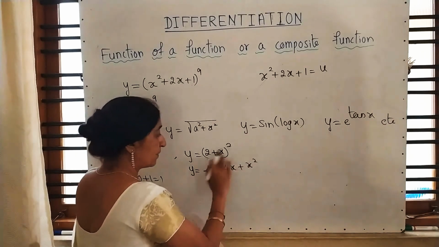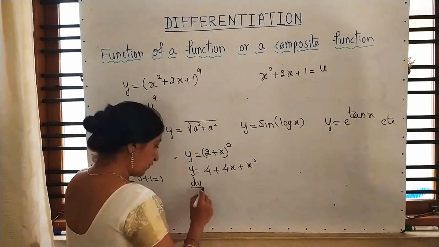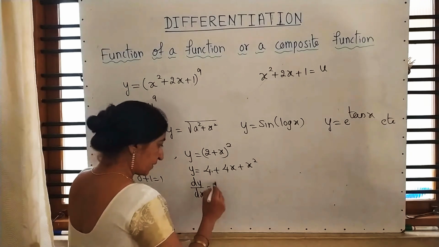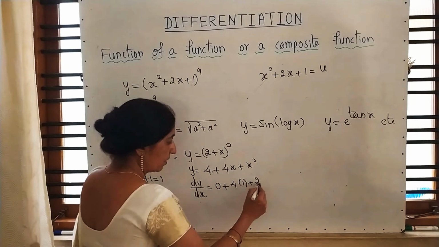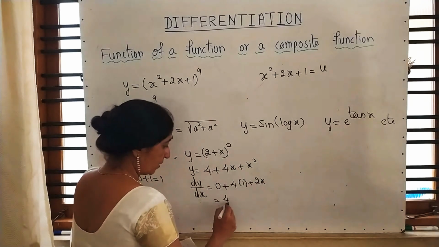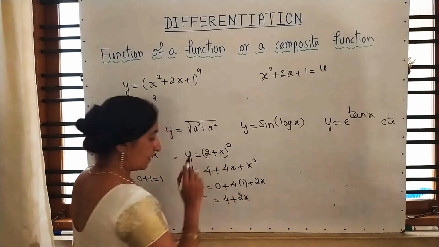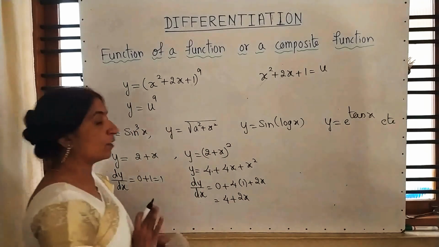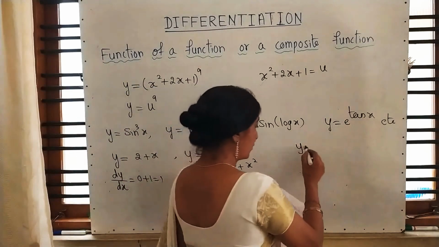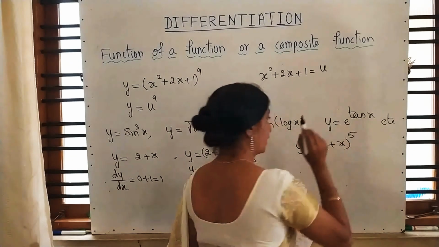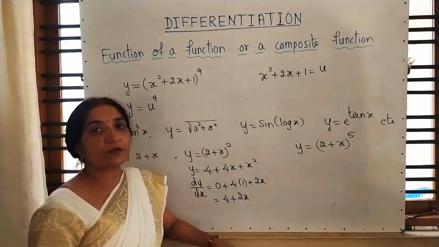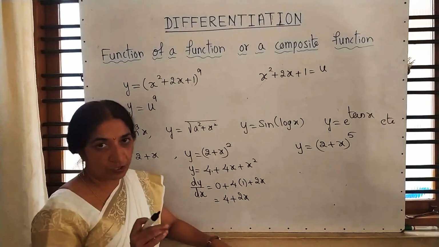You write (a plus b) whole square and expand, and after that we differentiate. This is 4 as it is, whose derivative is 0; differentiation of x is 1, differentiation of x square is 2x. So it is 4 plus 2x. Now my question is, suppose y is equal to (2 plus x) whole raised to 5.